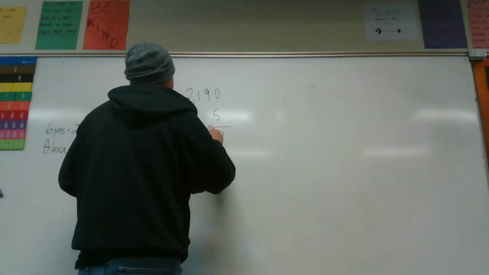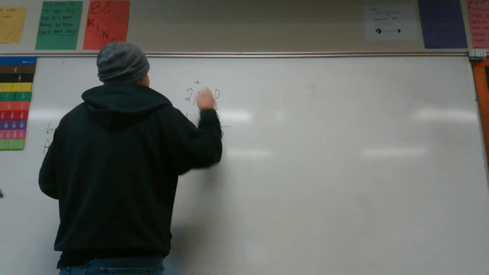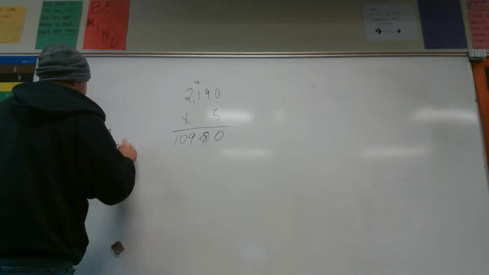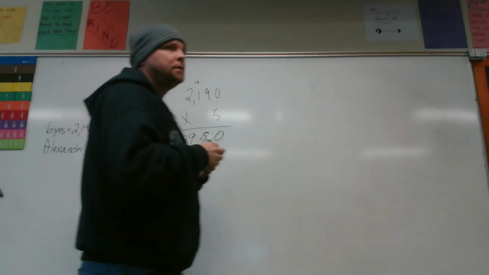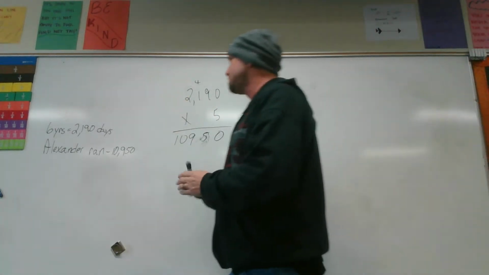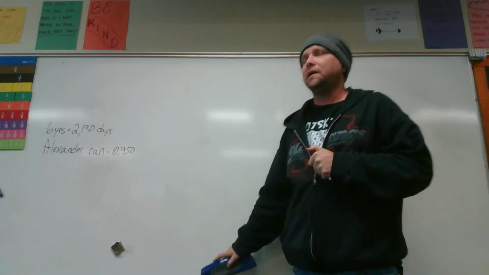That's a 0, that's a 45. So that's a 5 there, carry the 4, 5, 9, 10. 10,950. Here, let me check the work. So, I have my little notes off to the side. Alexander ran 10,950 miles. Is that what you got, Phoenix?